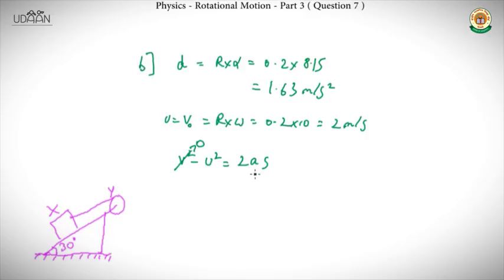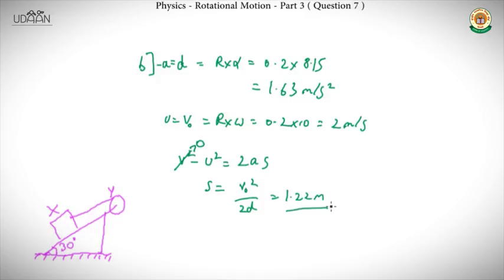The acceleration a will be equal to minus d, since there is a deceleration and the negative sign is involved. So the displacement s is equal to v naught square by 2d. Putting in the values, we find that s is equal to 1.22 meters, which is the required displacement.